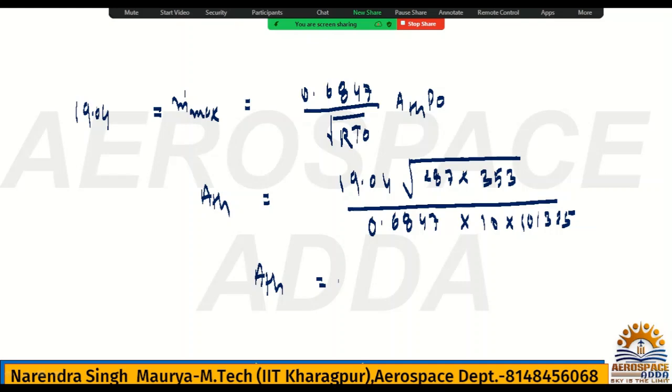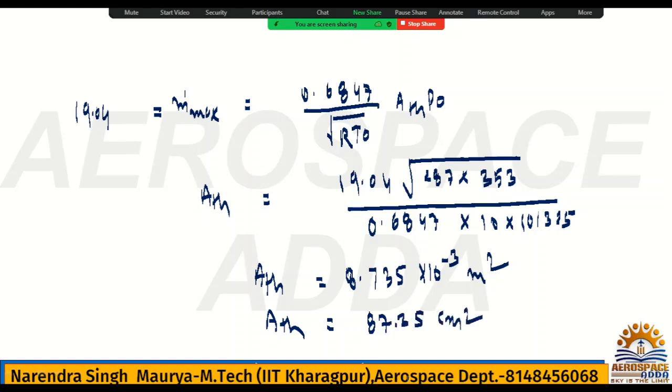We get 8.735 into 10 power minus 3 meter square, or if you convert to centimeter square, multiply by 10 to power 4, so you get 87.35 centimeter square.